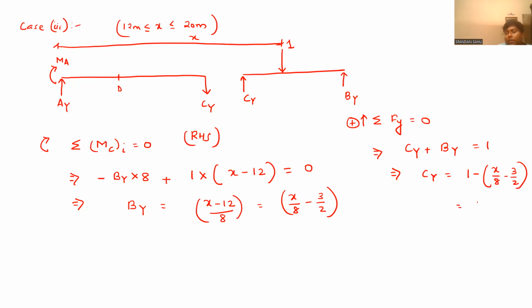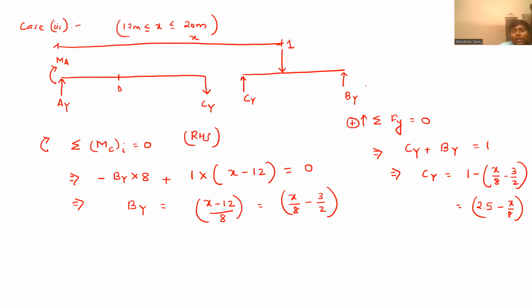So it will be 2.5 minus 3 by 2 plus 1 is 5 by 2 minus x by 8. You just keep on checking if the calculations are correct or not. Otherwise, you will end up getting wrong results.